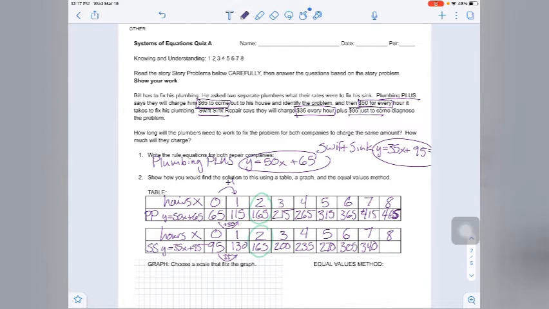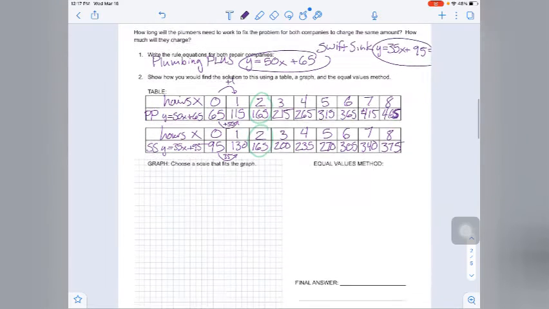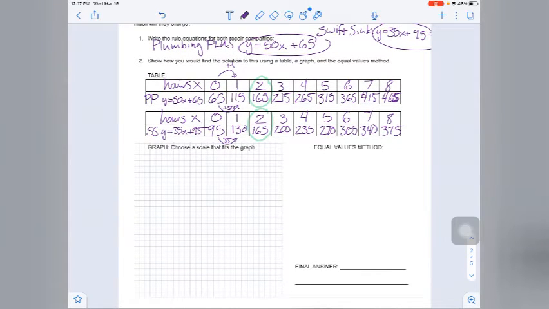I need to erase this 4. 375. Okay. So using the equal values method, I know that the rules are y equals 50x plus 65, and the other rule is y equals 35x plus 95. And so when I want to find out when y is the same for both of them, so when is it 165?